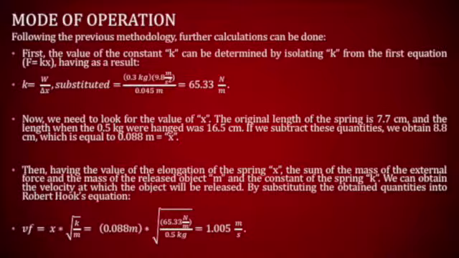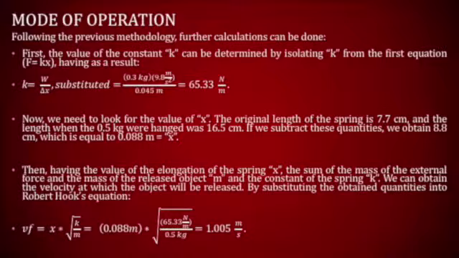Then we substitute the values into the equation considering international units. K equals W, which is weight, over change in X, equals 0.3 kilograms times 9.8 meters per second squared, which is the value of gravity, divided by 0.045 meters, which is the difference when hanging the weight. This equals 65.33 kilograms per second squared. This is the value of K, which will never change.